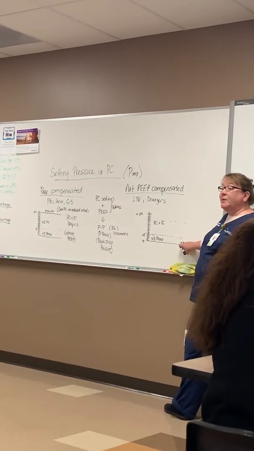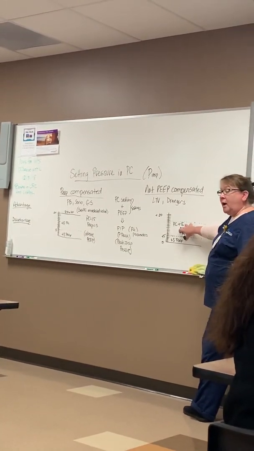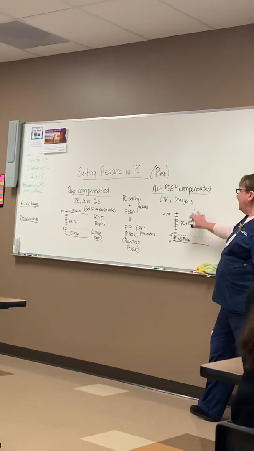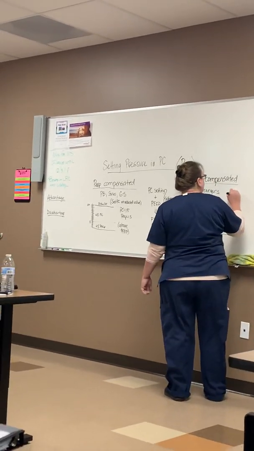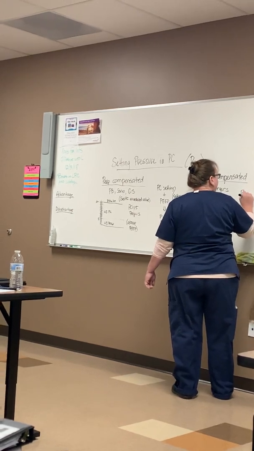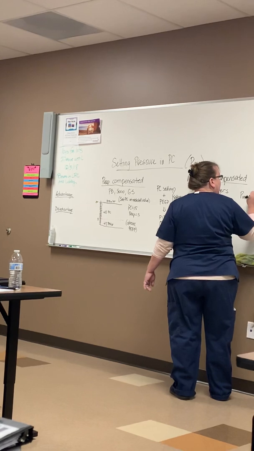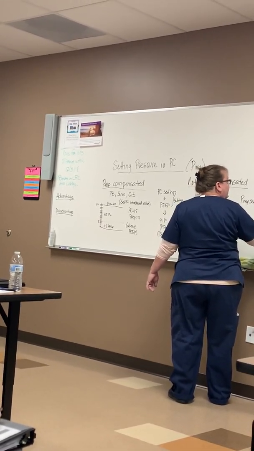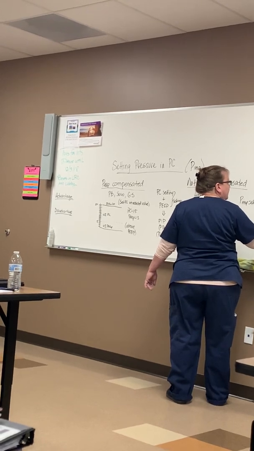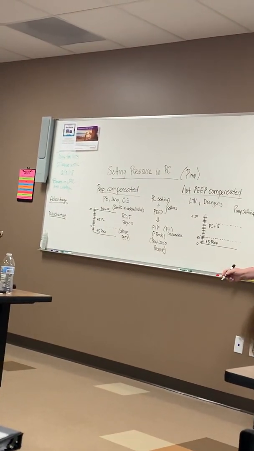So in a not PEEP compensated ventilator, you have to add the pressure control that you want plus the PEEP, and that will equal your pressure control setting. So on these ventilators, the PINSP setting equals pressure control plus PEEP. So here I would need to set it at 20.